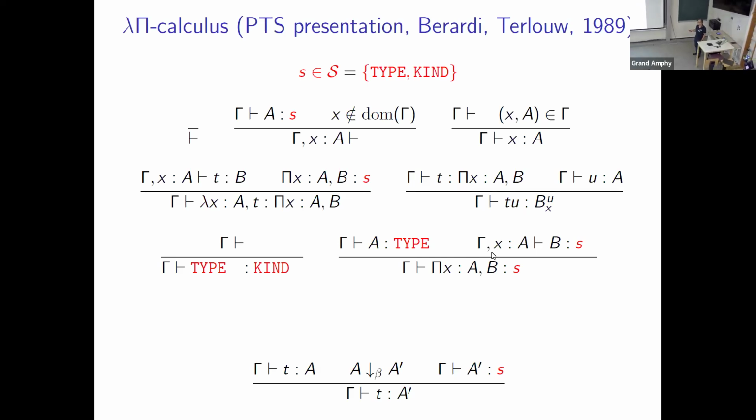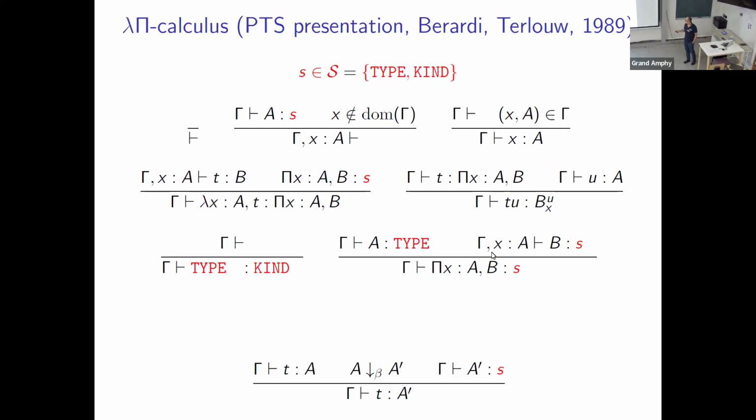And the idea is that we introduce a set S for sorts. So remember the two constants that we have added to type families and type kinds. And then all the rules we had before, we only have these ones now.